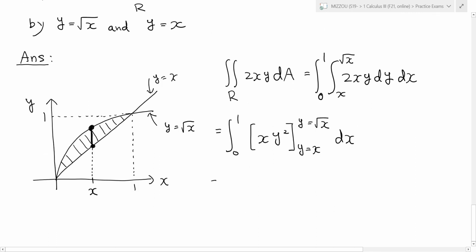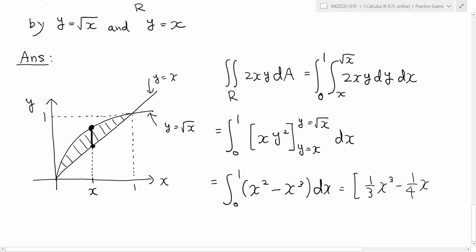That is equal to the integral from 0 to 1 of x squared minus x cubed dx. Of course this is computed as 1/3 x cubed minus 1/4 x to the power 4, from 0 to 1, and that is equal to 1/12. So that's the answer.